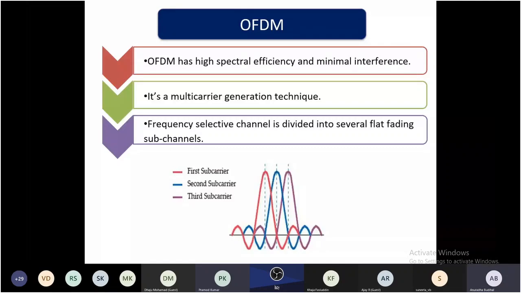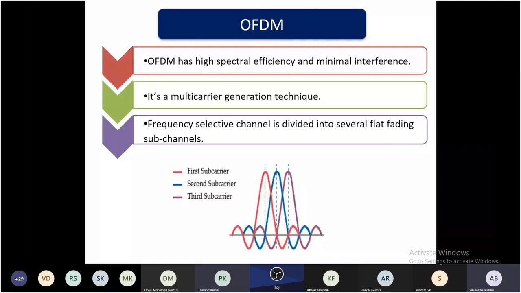Each subcarrier is modulated with conventional modulation schemes that can be QAM, PSK, or some other modulation technique at low symbol rate. So this will maintain the total data rate similar to that of a single carrier modulation scheme with the same bandwidth.